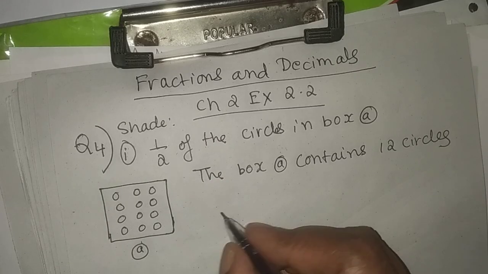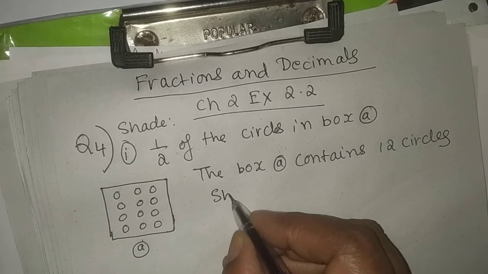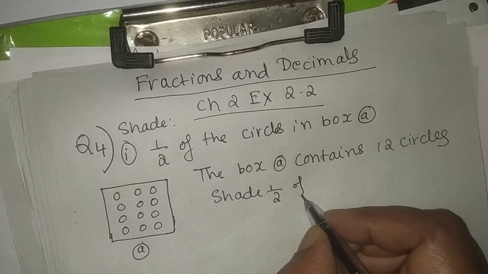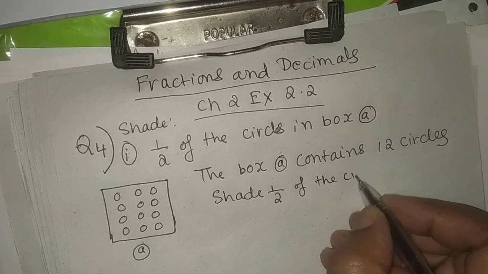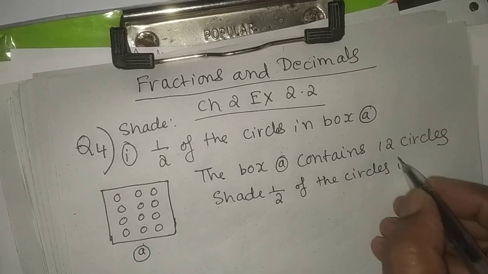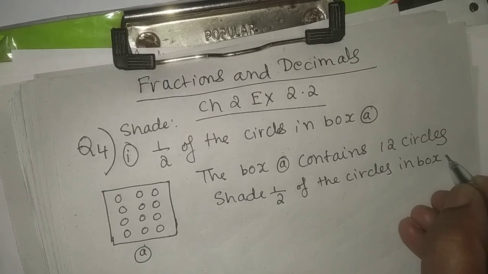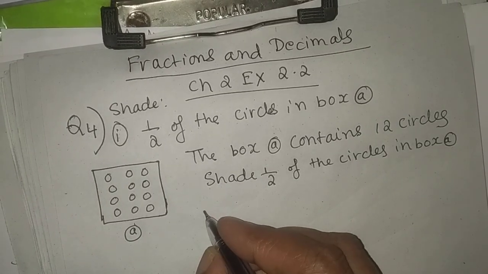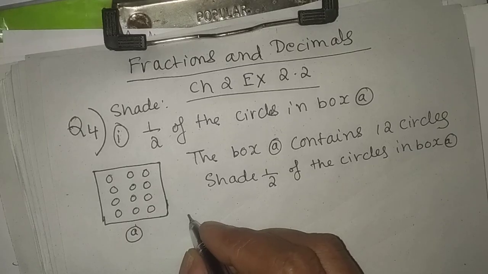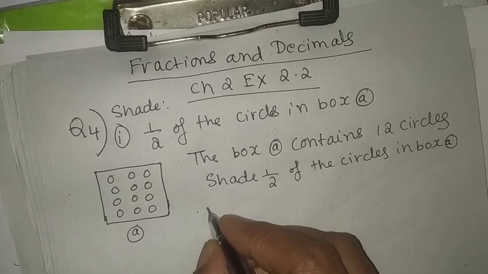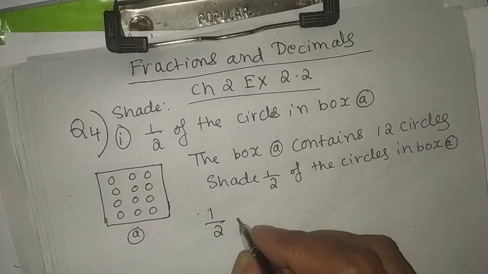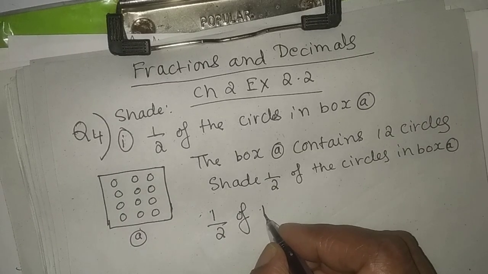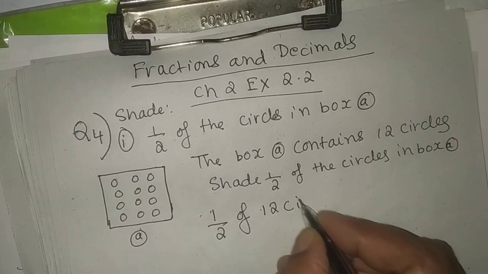So the given question is shade 1/2 of the circles in box A. Therefore, now half of that is 12 circles.